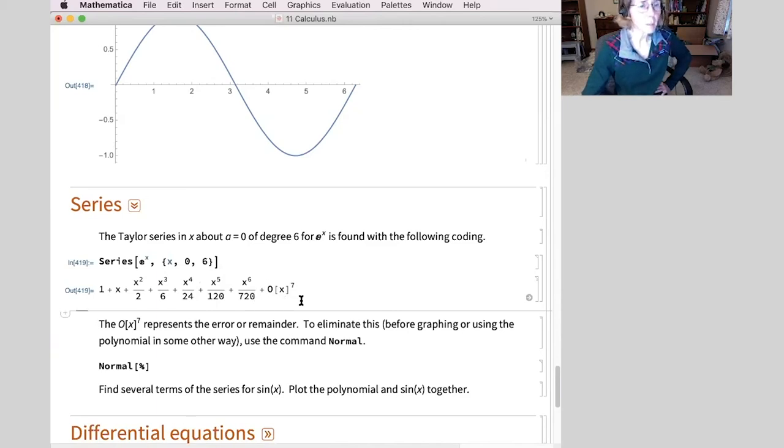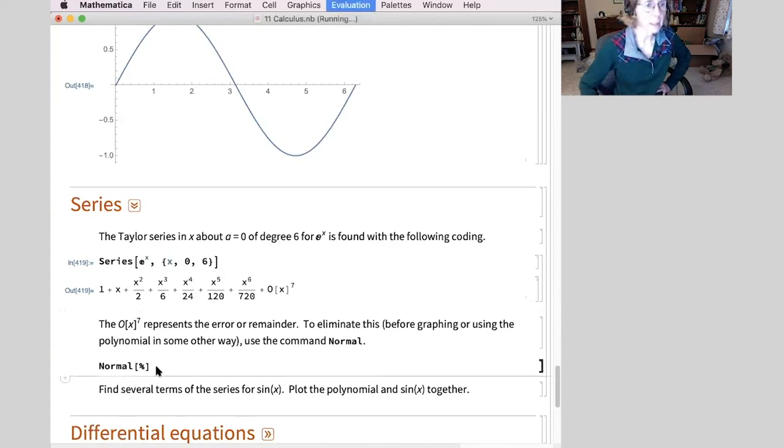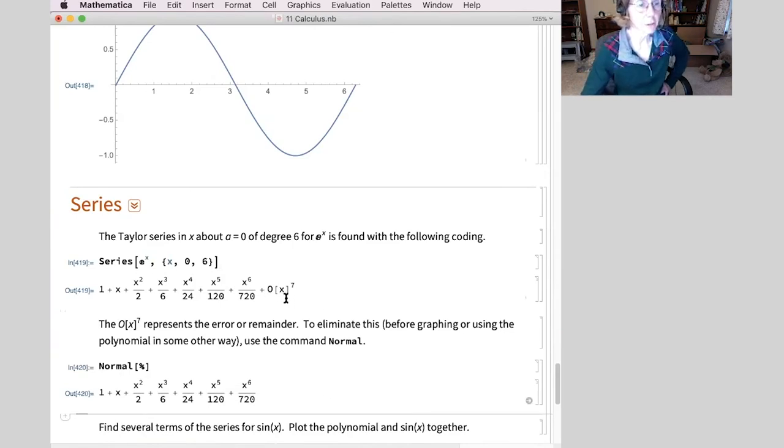That's to talk about my error or remainder. If I want to be able to plot this, I don't want that there. I do Normal of, in this case, I can do it with my last output, and it just takes that extra little piece off. Or you can just put Normal around the command Series to get that more efficiently. You don't have to do it in 2 steps.